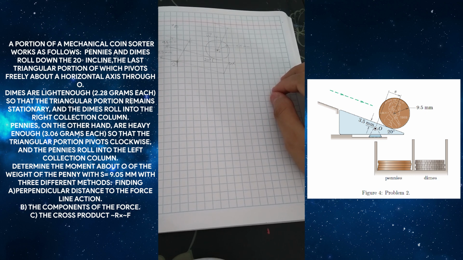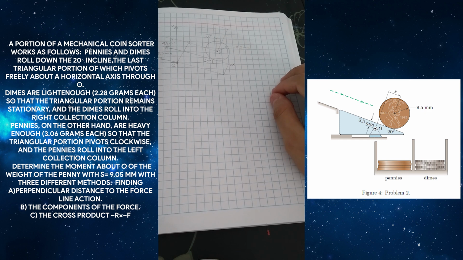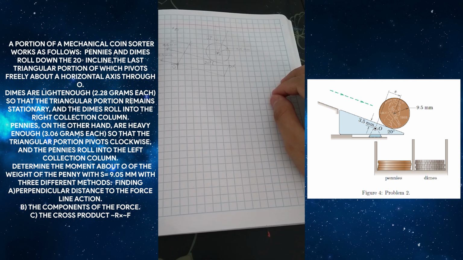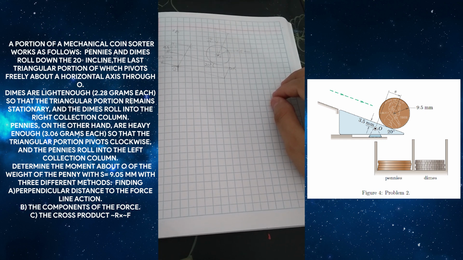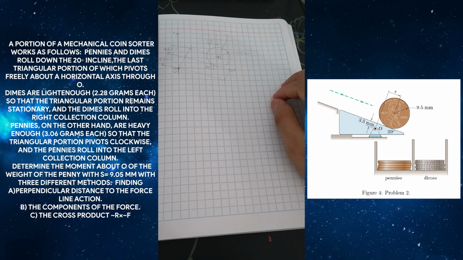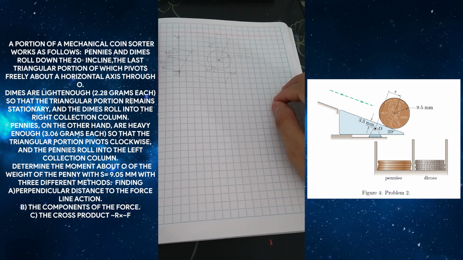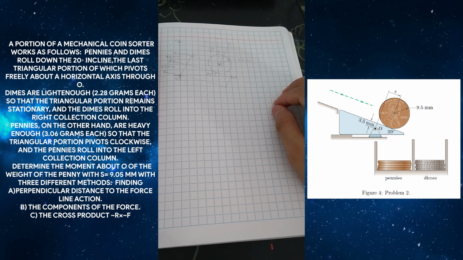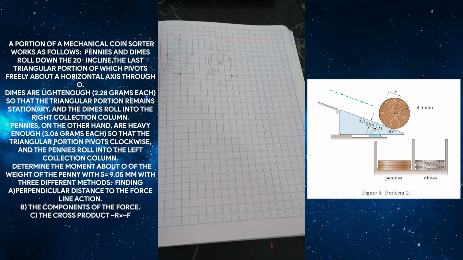Determine the moment about the point O of the weight of the penny with S equal to 9.05 millimeters with 3 different methods. The first method is using the perpendicular distance to the force line of action.